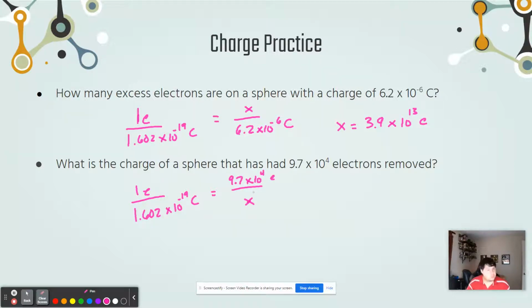Solving this ratio, I end up getting a value of 1.6 times 10 to the minus 14th coulombs. You'll notice I put a positive value here. The reason is that this sphere has had electrons removed from it. Because electrons are negative, the sphere must be positive.